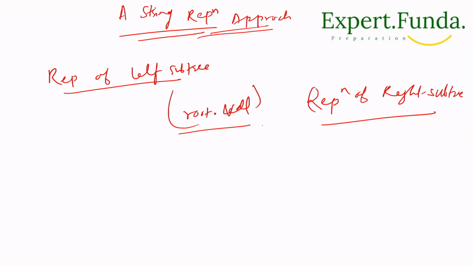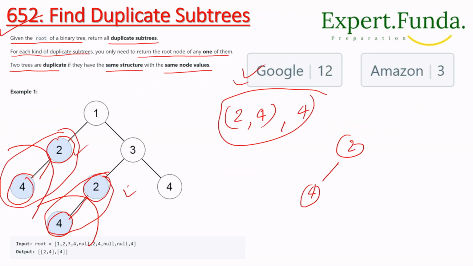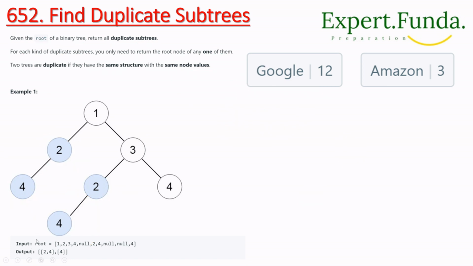It is a recursive representation because the parts in brackets are representations of the smaller subtrees. Taking example 1, if we want to represent this tree, how do we do that?